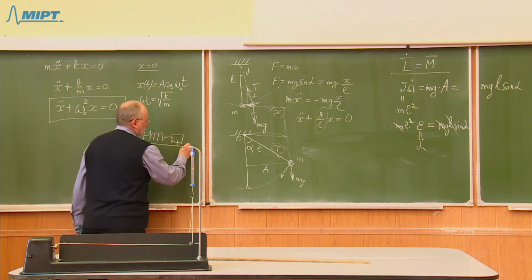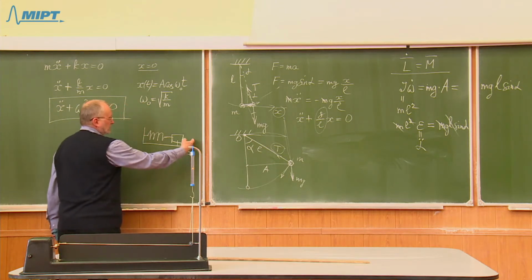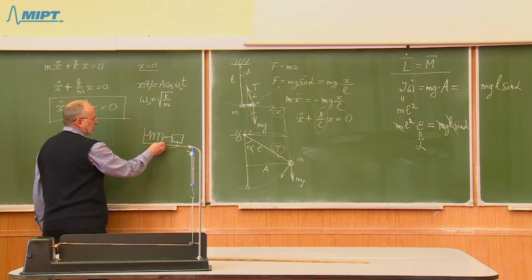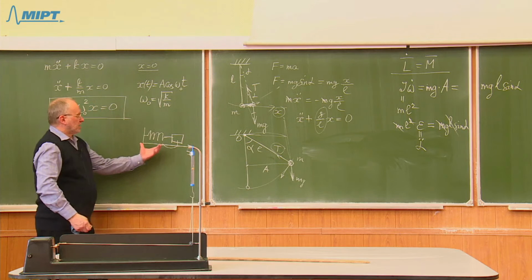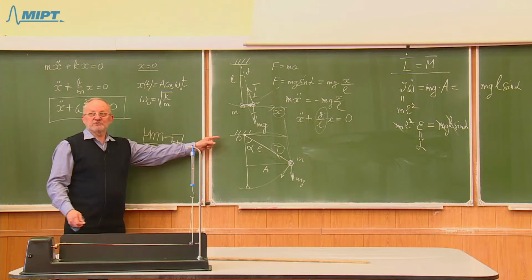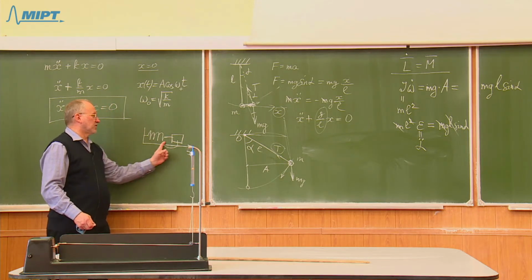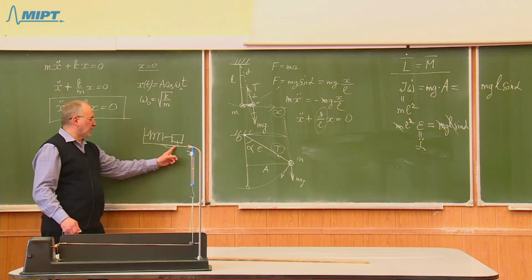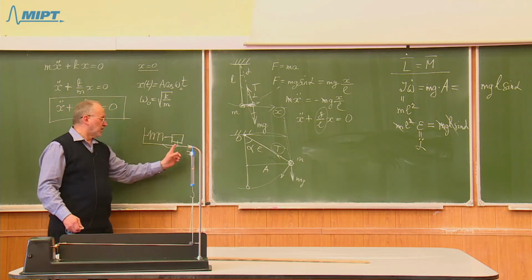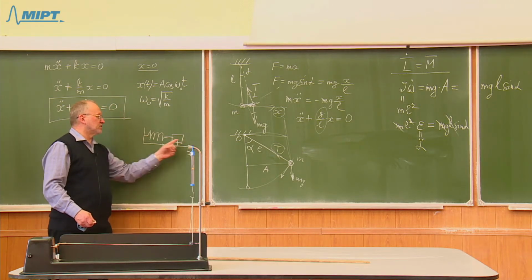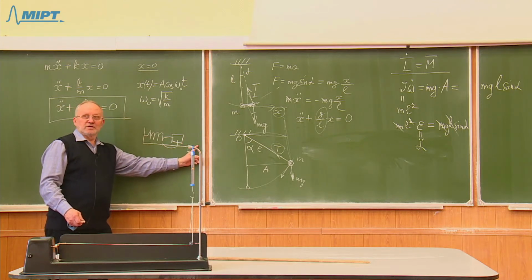If the deflection of the body is positive, then the force acting from the spring is negative. And if the deflection is negative, then the spring will be compressed, and it will push the body in the positive direction of x. So when the body is oscillating, the force acting on it is always directed oppositely to the displacement. For negative displacements, the force will be positive. And for positive displacements, the spring will be elongated and it will pull the body backward, and the force acting on it will be negative.